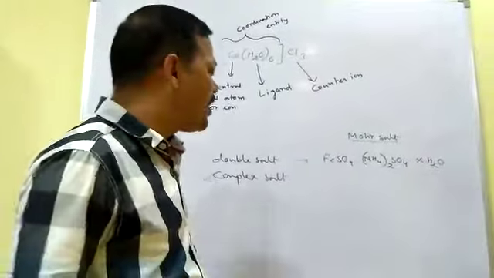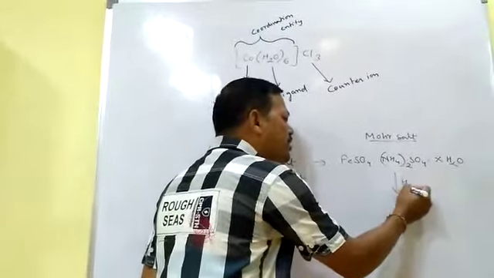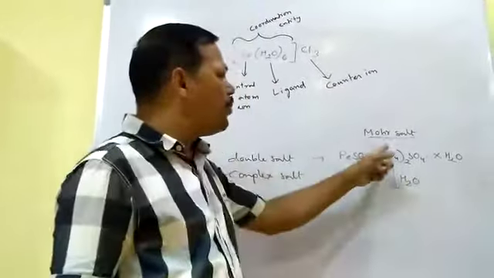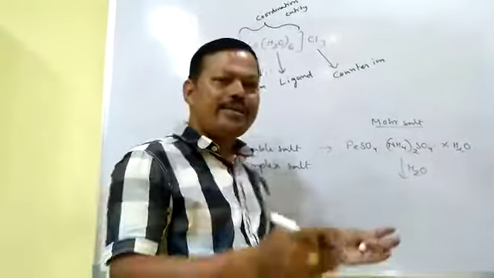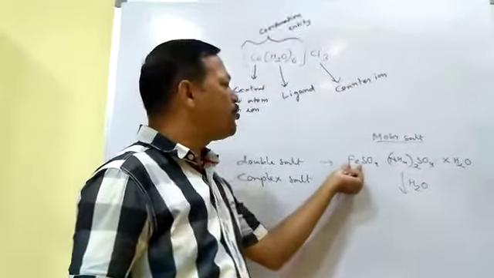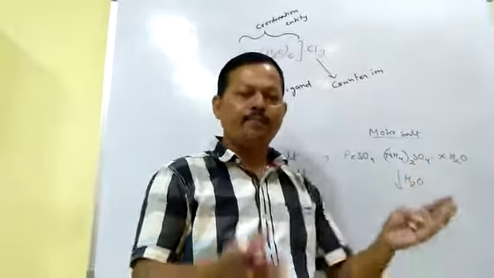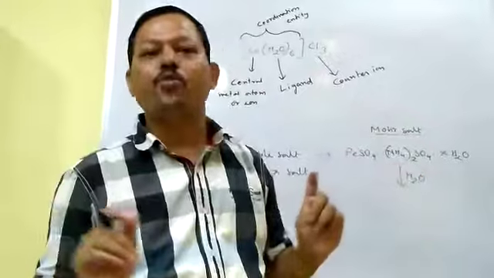Another point of difference: when a double salt is dissolved in water, the salt completely dissociates into ions. I mean it will form Fe2+, SO4 2-, NH4+, SO4 2-; like this they will completely dissociate in water.